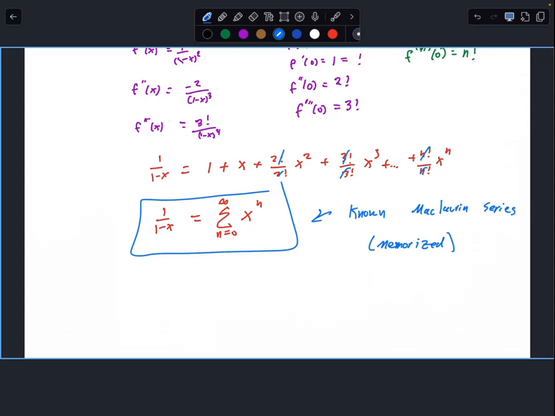This is very helpful in higher order mathematics, because you might be working with some function and the math just doesn't work, or you're having a hard time figuring out a solution to that function. So what you can do is rewrite this function as an infinite series.